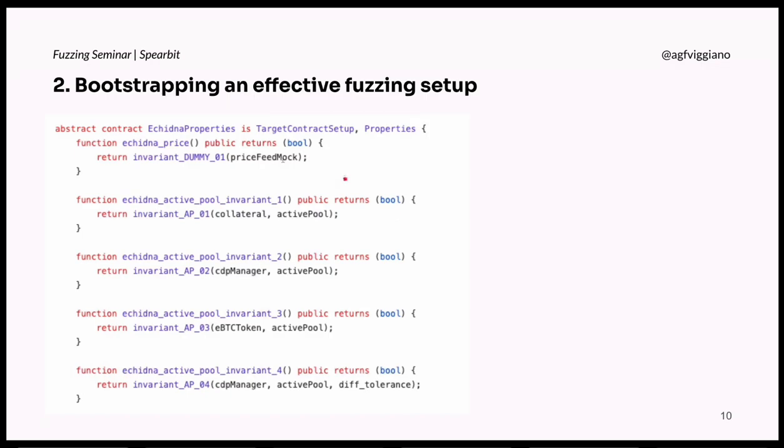And then we also have one contract for Echidna properties. I think this can be refactored maybe later to reduce the boilerplate, because these functions are the same ones as the ones from before. It's just that Echidna requires you to have a specific pattern for its properties.